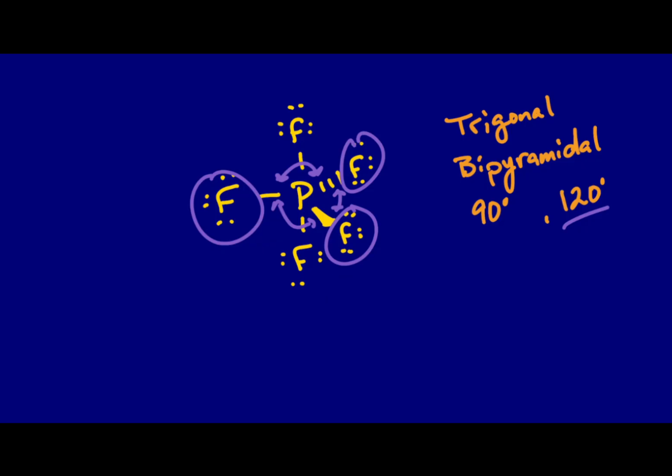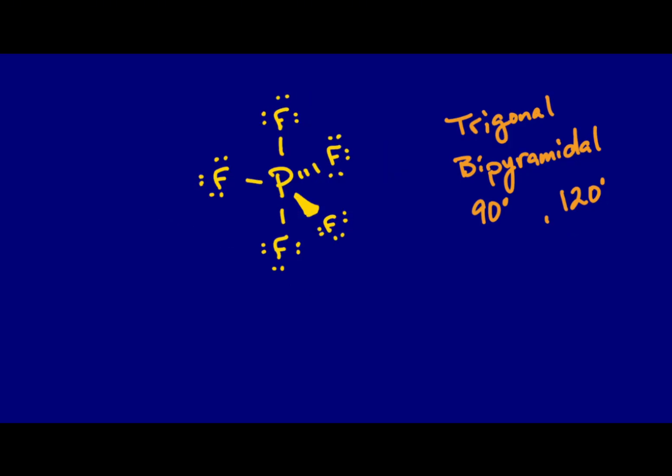Because if this is on our y-axis of 0, and then let's say that this now has a positive y value, this angle between these is going to be a 90-degree angle. It's almost like a right angle, because one goes out and then one goes straight up. And that is how we get our 90-degree bond angle for that bond. So that is how we're able to have these two different bond angles.